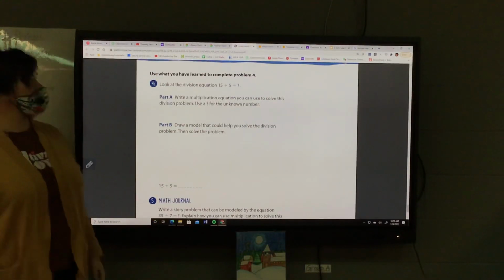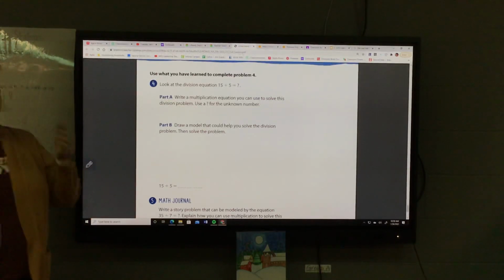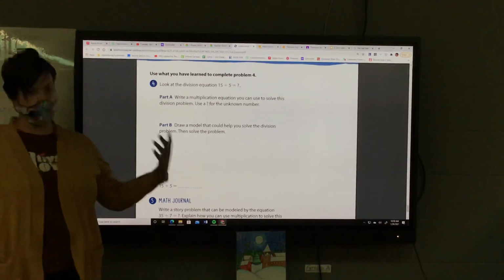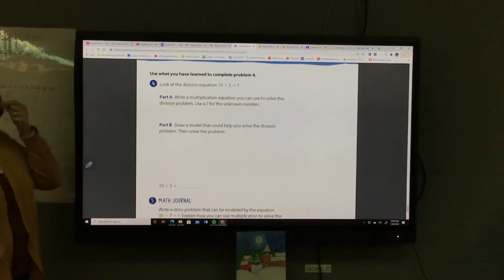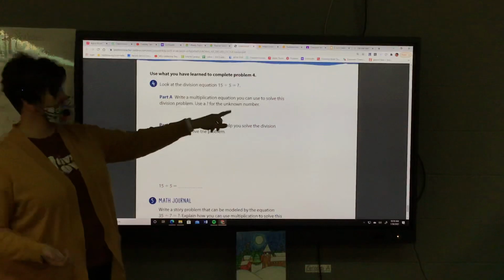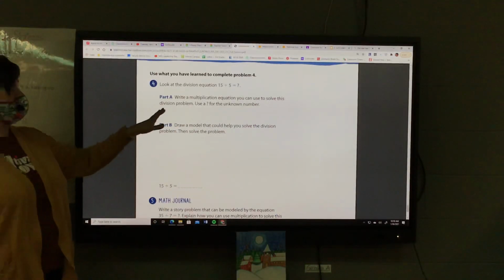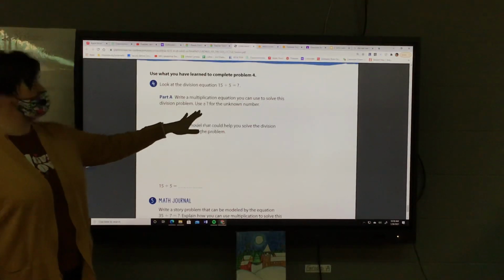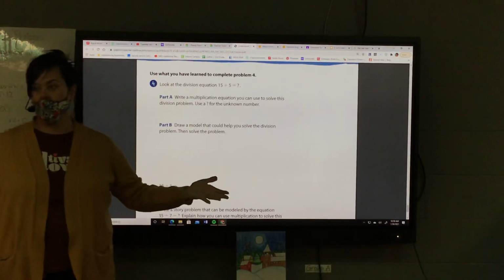It says use what you have learned to complete problem 4. Look at the division equation. 15 divided by 5 equals, we don't know. That's what we have to solve for. Write a multiplication equation you can use to solve this division problem. Use a question mark for the unknown number.